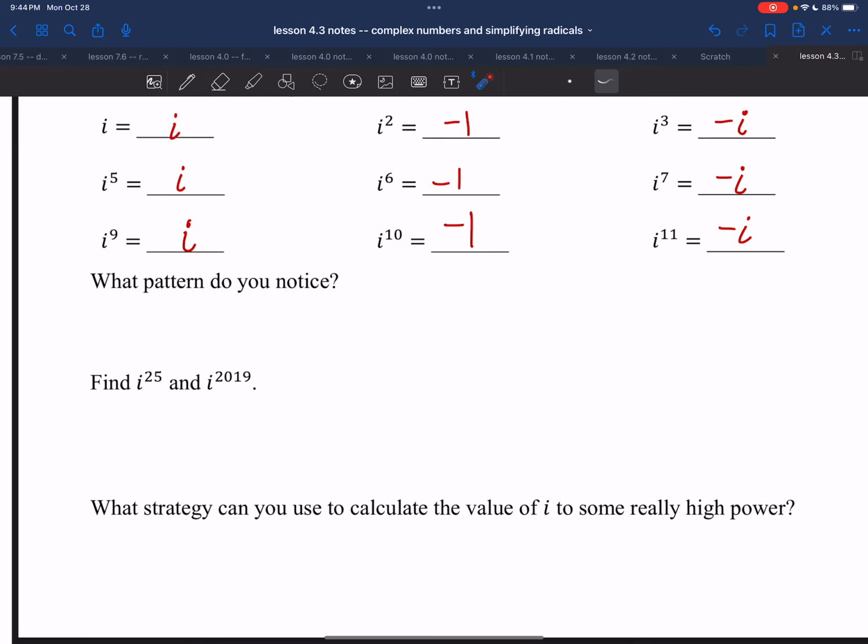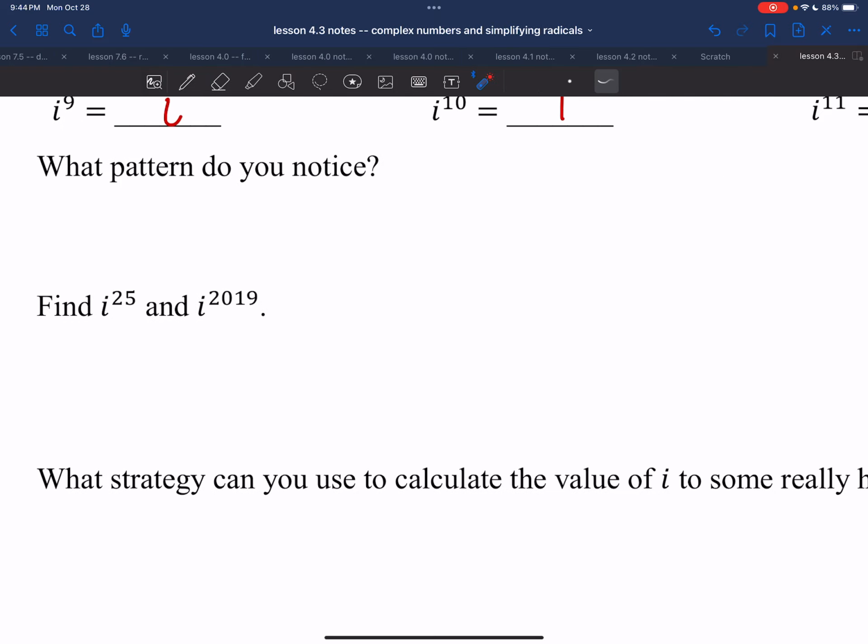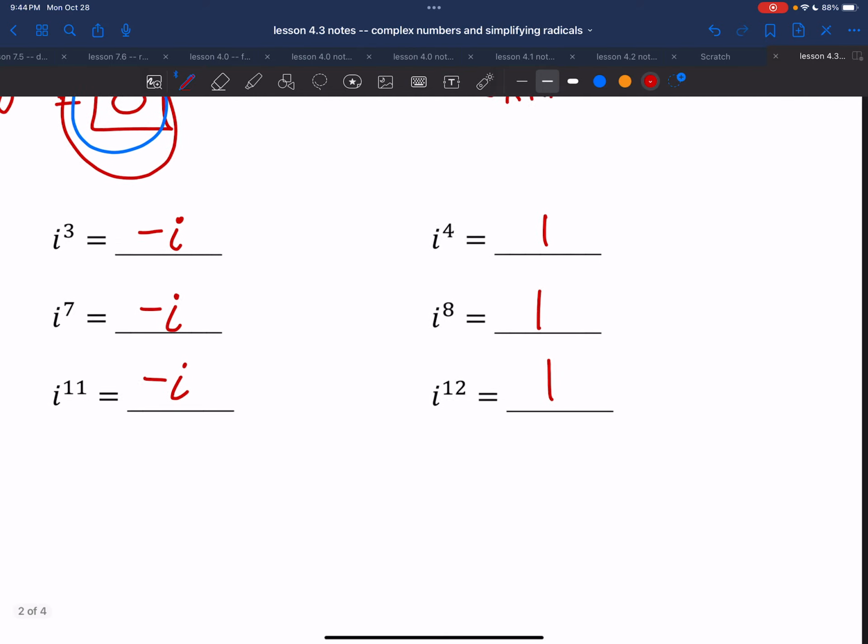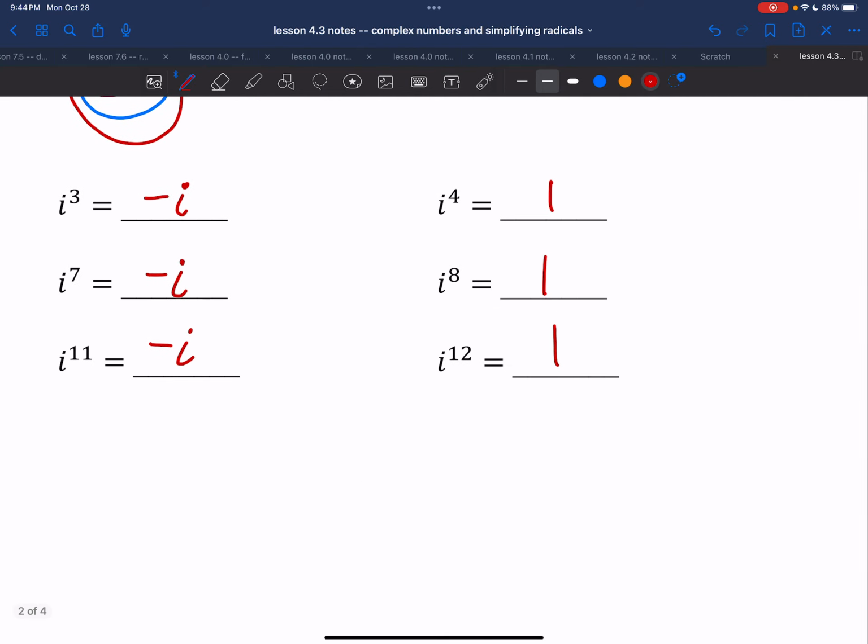Now, let's look at some higher powers of i. So, like, here's i to the 25th. So how would you do this? Well, i to the 25th power. That sure is a lot of i's. And you see how these are all 1s? So i to the 4th, i to the 8th, i to the 12th, i to the 16th, i to the 20th, i to the 24th.